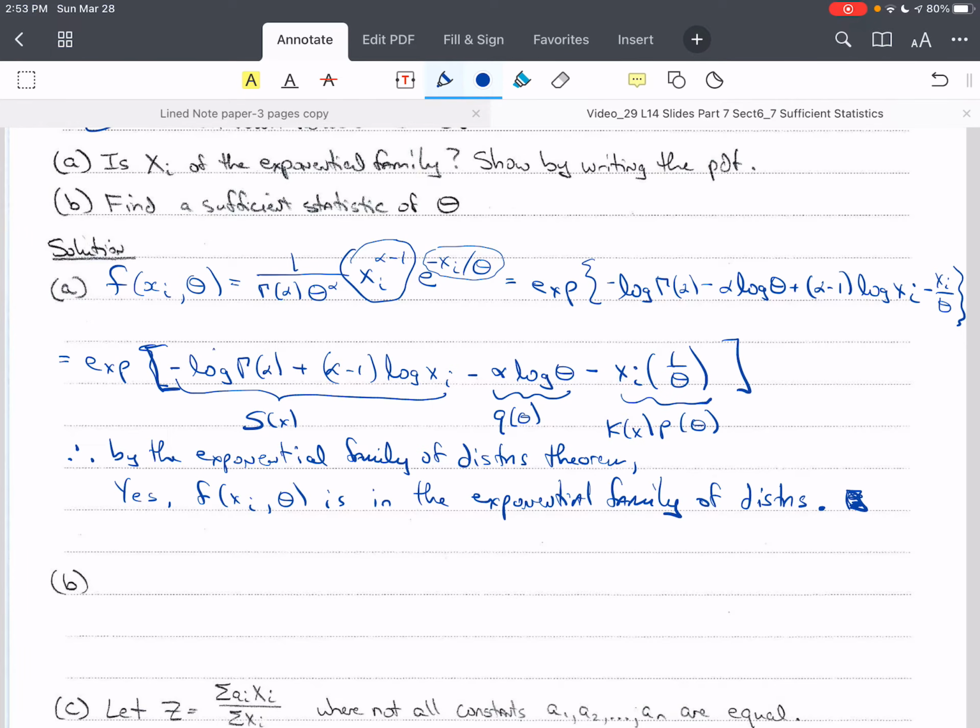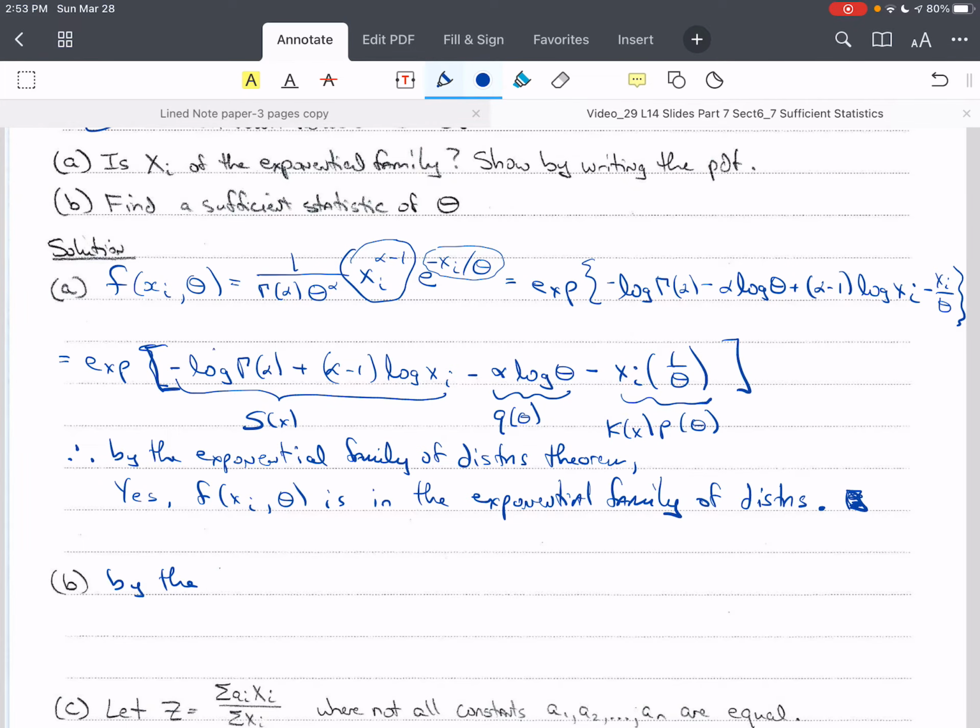I can do part B. So part B is find a sufficient statistic of theta. So the easy thing is you can use the factorization theorem here, but I'm not going to because I already have it written as an exponential family of distributions.